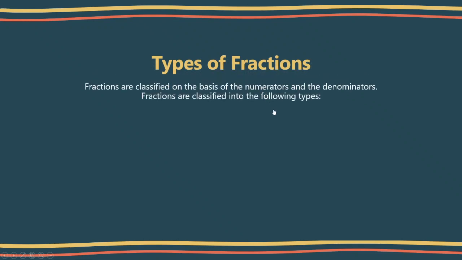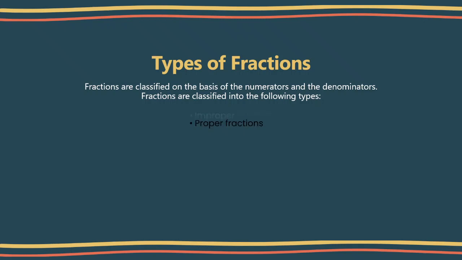According to the numerator and denominator, we classify fractions into 6 types. Fractions are classified on the basis of the numerator and denominator. Fractions are classified into the following types. First one is proper fractions.